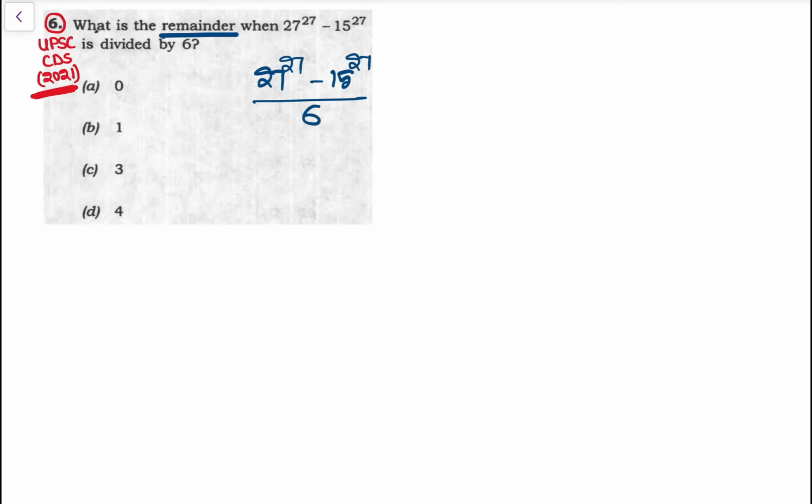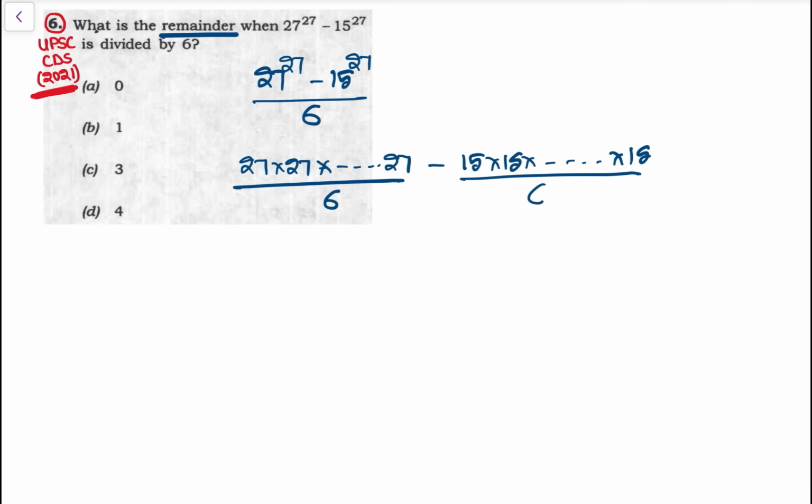is divided by 6. So this is 27 into 27 into so on 27 minus 15 into 15 into so on into 15 upon 6. So 6 4s are 24, so that is 3 into 3 into 3.